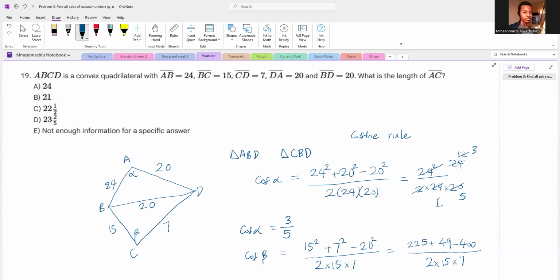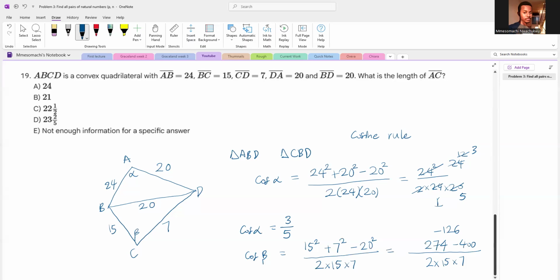Let's simplify this. 225 plus 49 is 274. Now 274 minus 400 is negative 126.